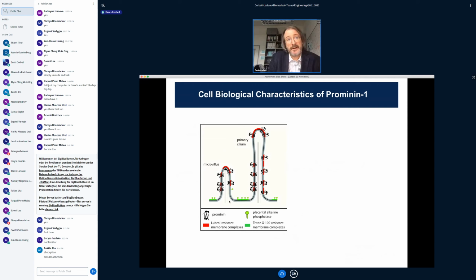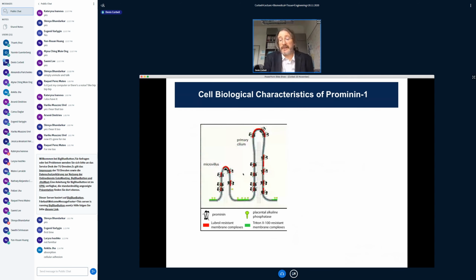As you can see here, I will make a short story. It turned out that the alkaline phosphatase is found in the flat area, and prominin-1 is found in protrusion structures like the microvilli and the primary cilia. So the biochemical data that we observe is reflected in the morphological data, that the two proteins are not together.